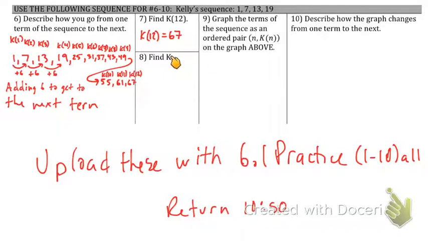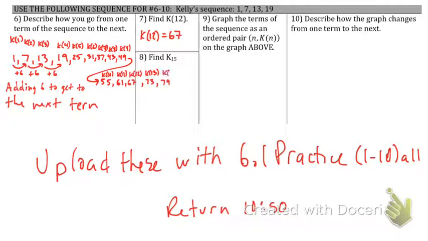So the 15th term of the K function. So we just continue. 67 plus 6 more, 73. That's K of 13. 73 plus 6 more, 79.